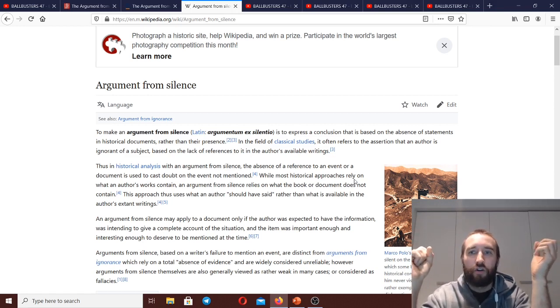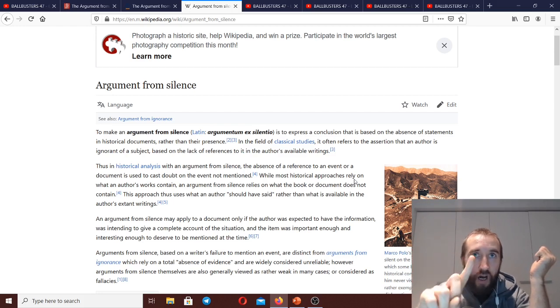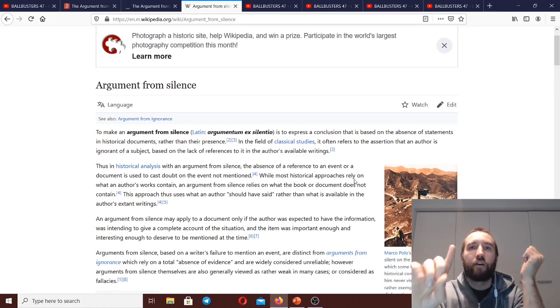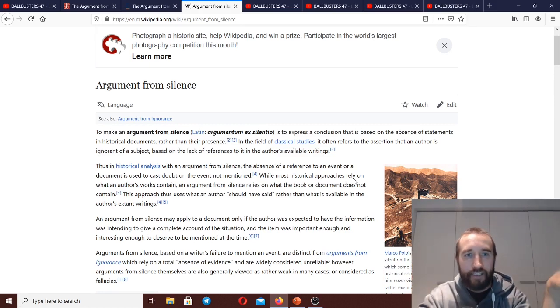It applies only to a document, the author's statement in one document at a time, and that author's statement in that one document, not evidence as a whole.